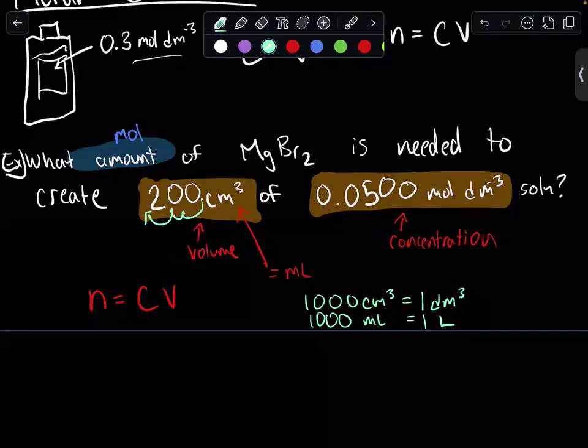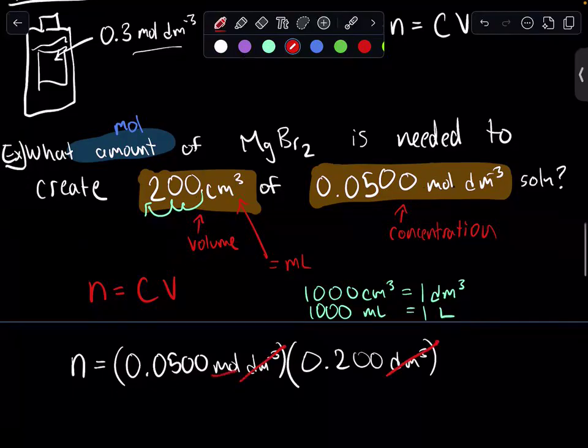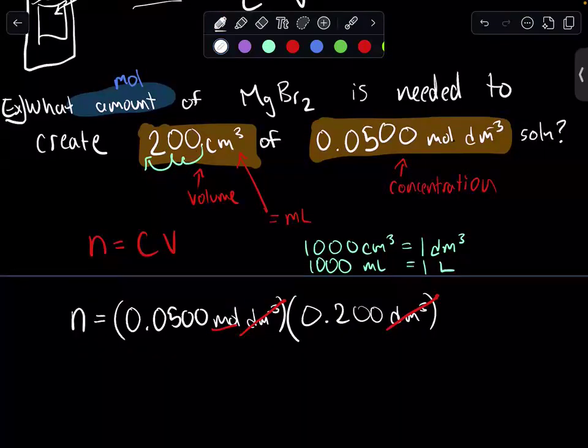So now I know that n is equal to my concentration, which is 0.0500 mole decimeter inverse cubed, times my volume, which I now know is 0.200 decimeters cubed, and I've done that conversion. I find that my decimeters cubed cancel with my decimeters inverse cubed, which leaves me with the unit of mole, exactly what I'm looking for.